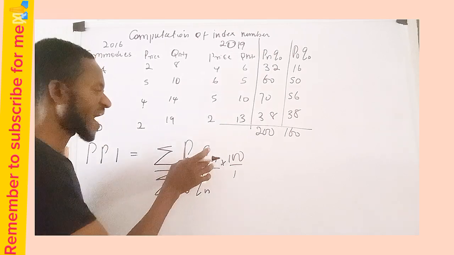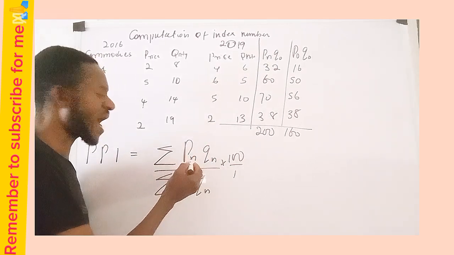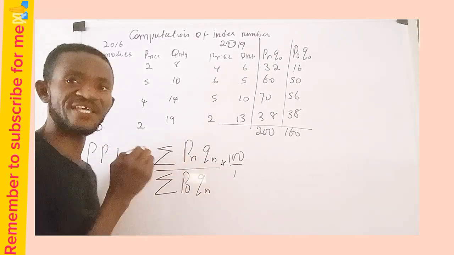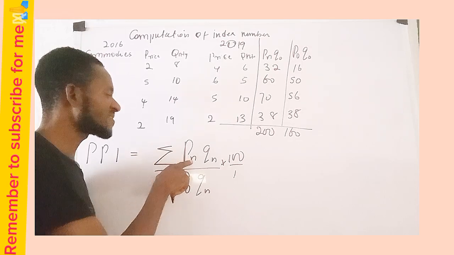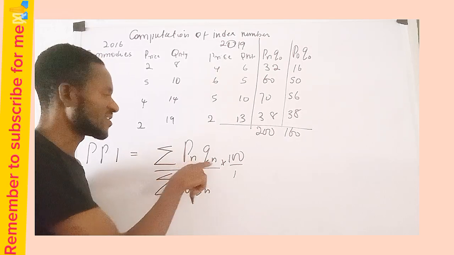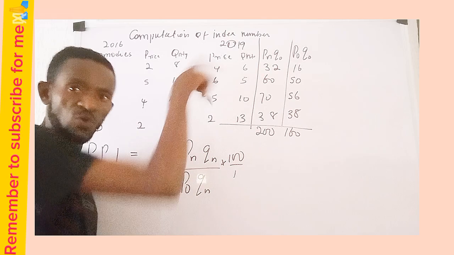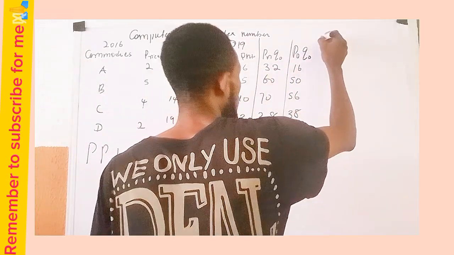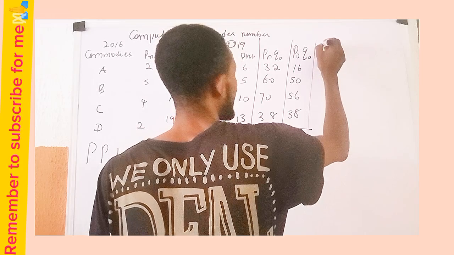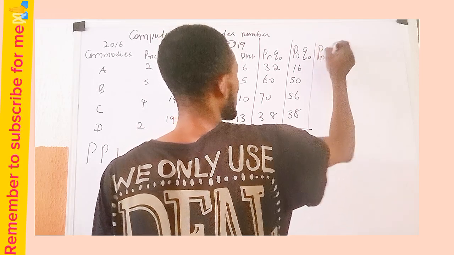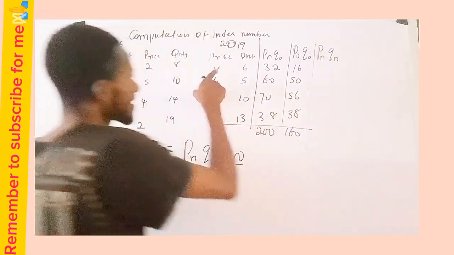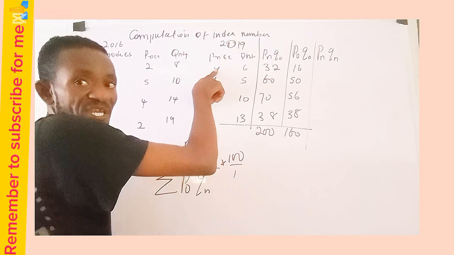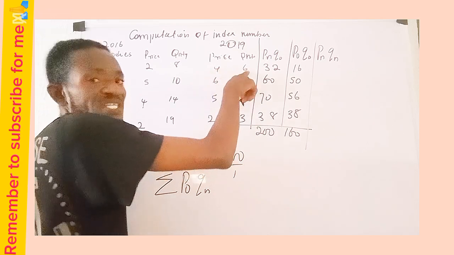So we look closely at the numerator, we find that we have P of N, Q of N here, talking about the prices in the given year and the quantities in the given year. So we must create a column to agree with that. So we add another column here, talking about our P of N, Q of N. Here is my price in the given year, here is my quantity in the given year.